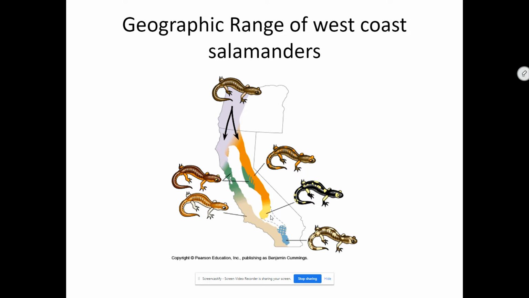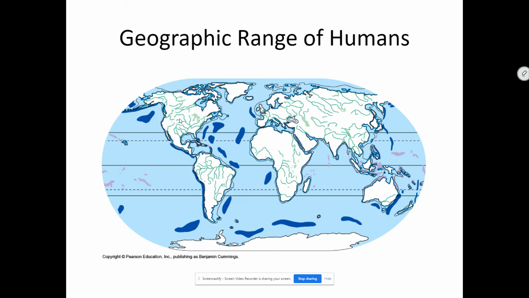Salamanders really don't like deserts, and so they're not going to go there. And so there are going to be particular geographic boundaries, and this is going to cause a population to change. And I put our own geographic range just in case we needed to know. And Greenland, of course, is white again, but there are people that live there.